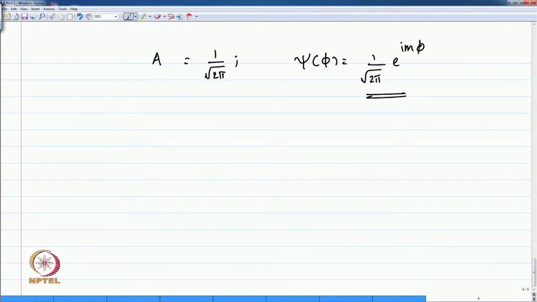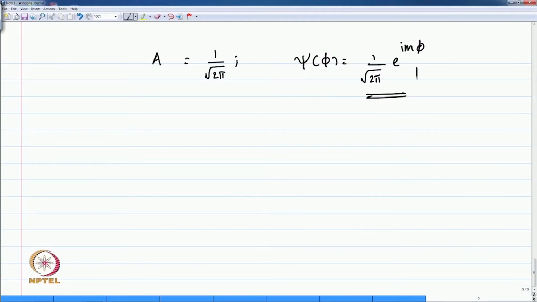Of course, in rotational motion, the two things that we are concerned with are the rotational kinetic energy and the angular momentum of the particle. Now, if the wave function is given by this alone, as we have chosen, then it is possible for us to calculate the angular momentum j.